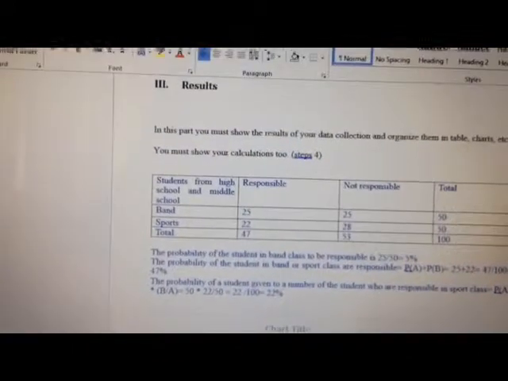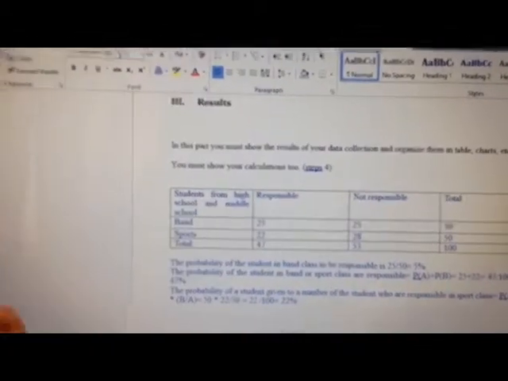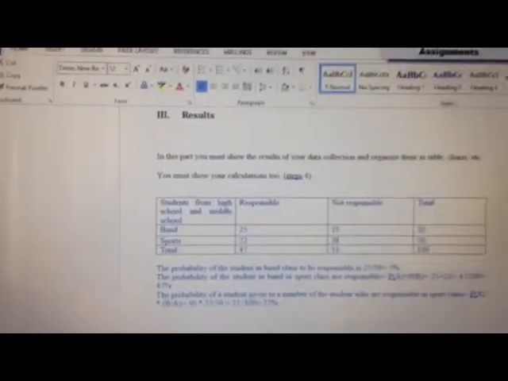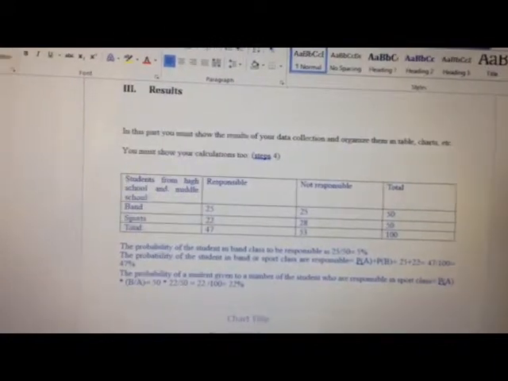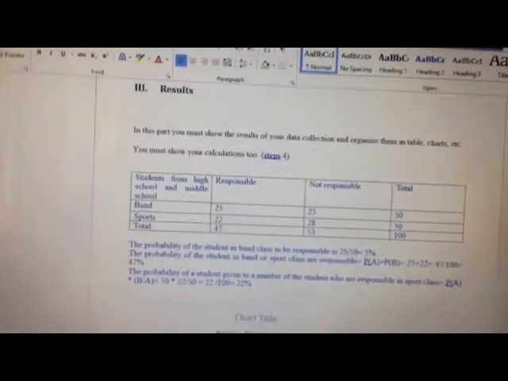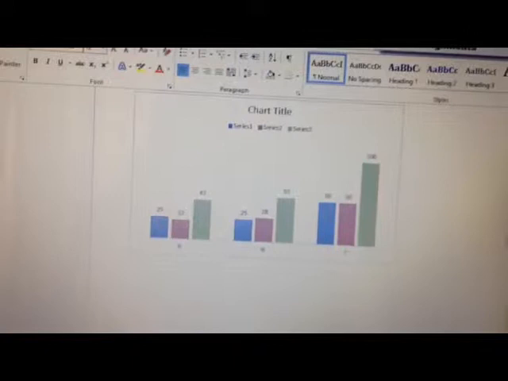The probability of a student in band class being responsible is 25 out of 50, so it's 50%. The probability of students in band or sports class being responsible is 47 divided by 100, so it's 47%. So I made a chart of this, showing responsible, not responsible, and the total of all.